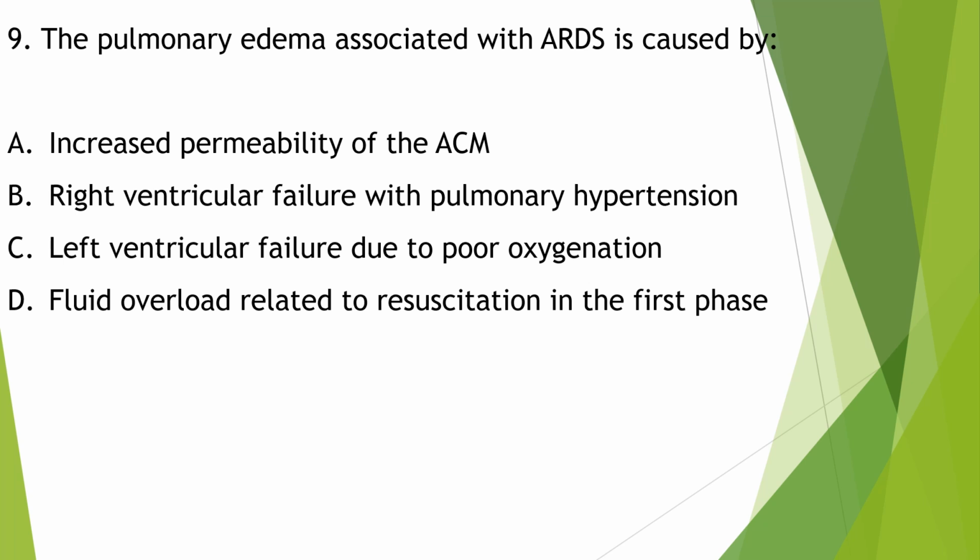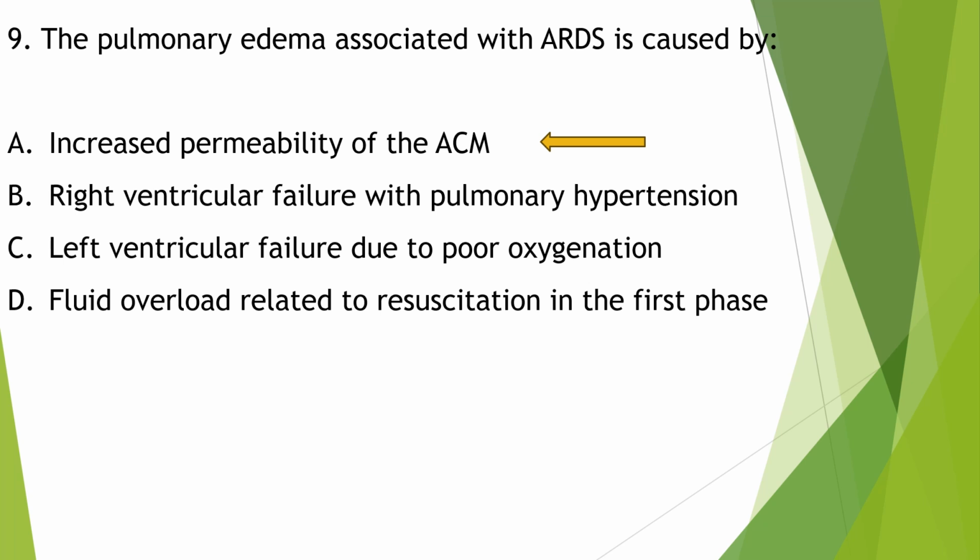So pulmonary edema is seen in acute respiratory distress syndrome. It is associated with increased permeability of the alveolar capillary membrane. Because of the activation and release of the inflammatory mediators, there is a disruption of the alveolar capillary membrane.